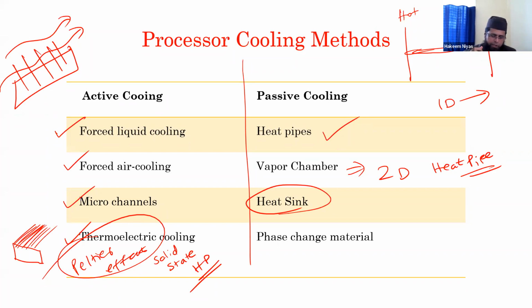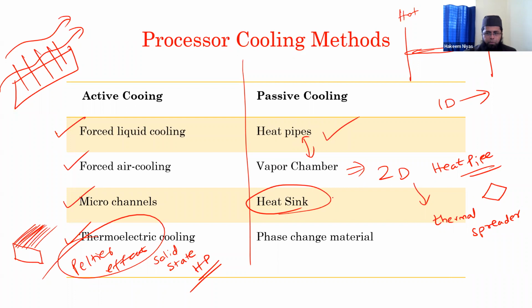The entire 2D surface, we need to remove the heat from. So instead of having multiple heat pipes, we can have a vapor chamber, which acts like a thermal spreader. Another name is thermal spreader. It spreads the heat, and it works on the same principle as the heat pipe.